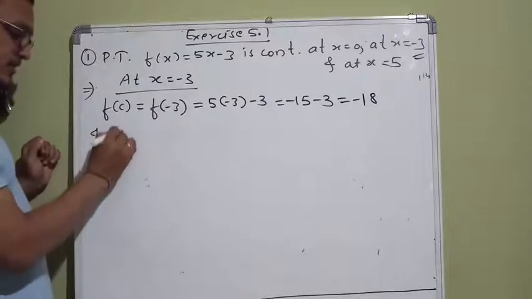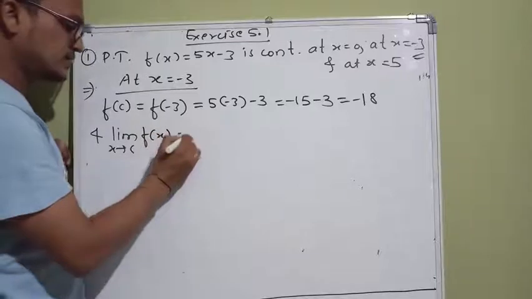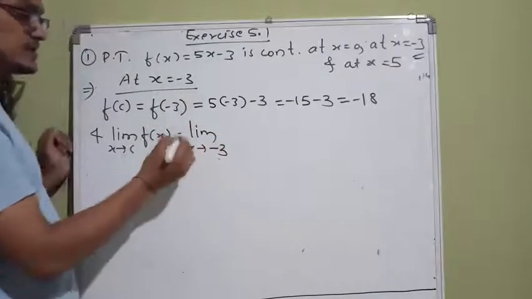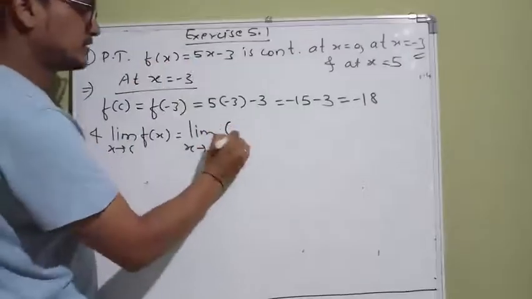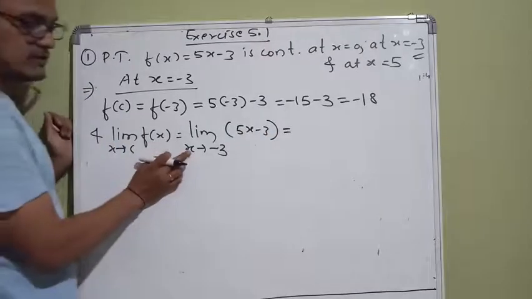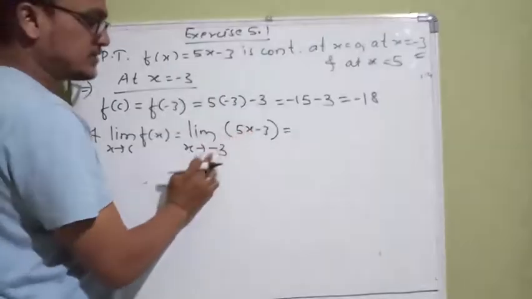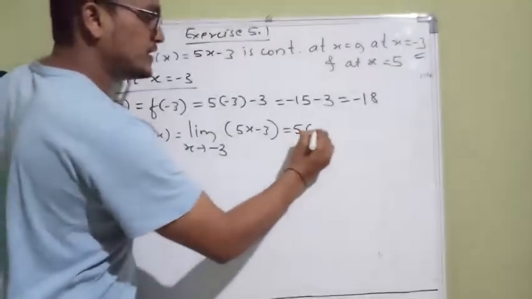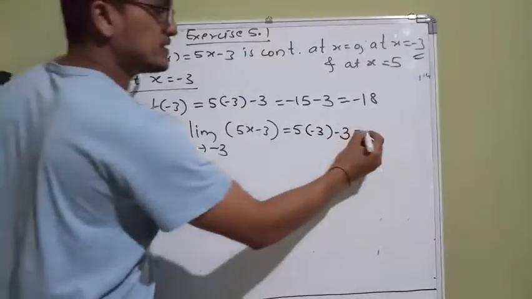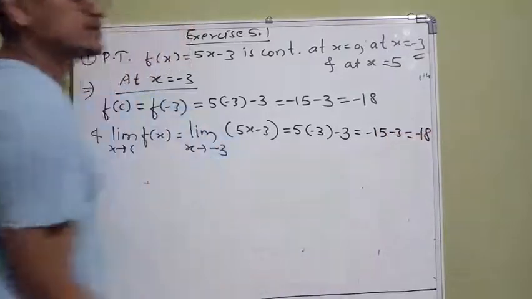Now you have to check the limit. Limit x tends to c, f of x, which is equals to limit x tends to minus 3 of 5x minus 3. Here x tends to minus 3, so in the place of x we substitute minus 3. So 5 into minus 3 is minus 15 and minus 3, so the answer is minus 18.